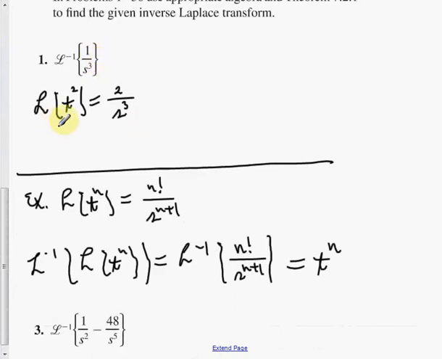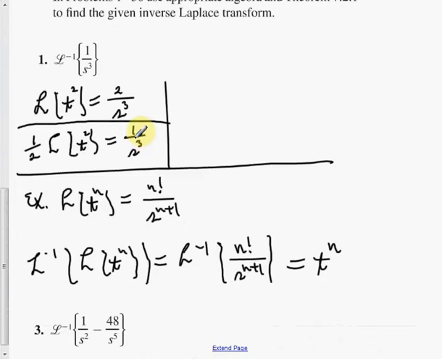So if we take this same problem and divide both sides by 2, we have 1/2 times the Laplace transform of t squared is equal to 1 over s to the third. If that's the case, then the inverse transform of 1 over s to the third is 1/2 times t squared.